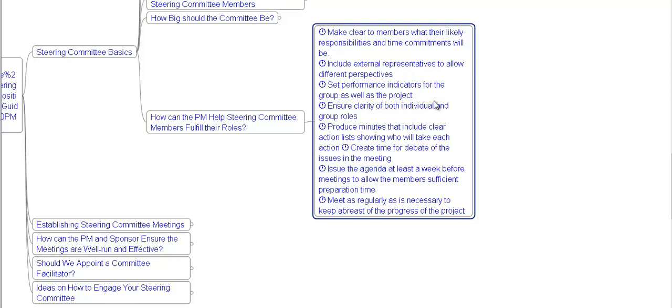Ensure clarity of both individual and group roles. Produce minutes that include a clear action list showing who will take each action. Create time for debate of the issues in the meeting. Issue the agenda at least a week before the meeting to allow members sufficient preparation time. Meet as regularly as necessary to keep abreast of progress of the project.